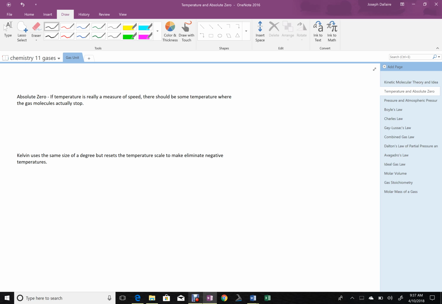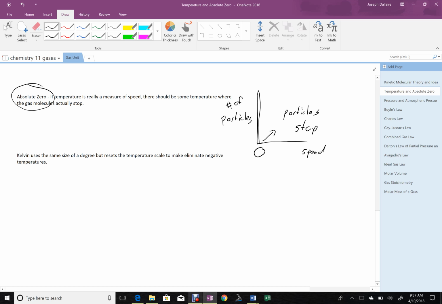So there must be some temperature where instead of having this distribution, we would have all of the particles right here with a 0 speed, or when the particles stop. What this means then is that there couldn't be any colder than this. There's no way to go slower than being stopped. And so this would represent the absolute zero, or the minimum temperature that there is.